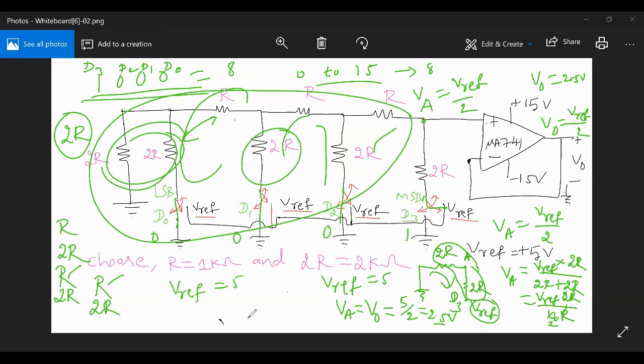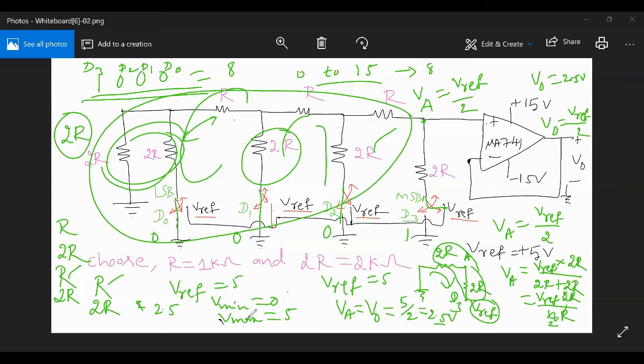In this, the minimum value is 0 and the maximum value is 5. So what is the mid value between 0 and 5? That is 2.5, right? If you consider the digital input combinations, the mid value we have taken is 8. With V reference equal to 5, 0 is the minimum and 5 is the maximum. The mid value is 2.5.